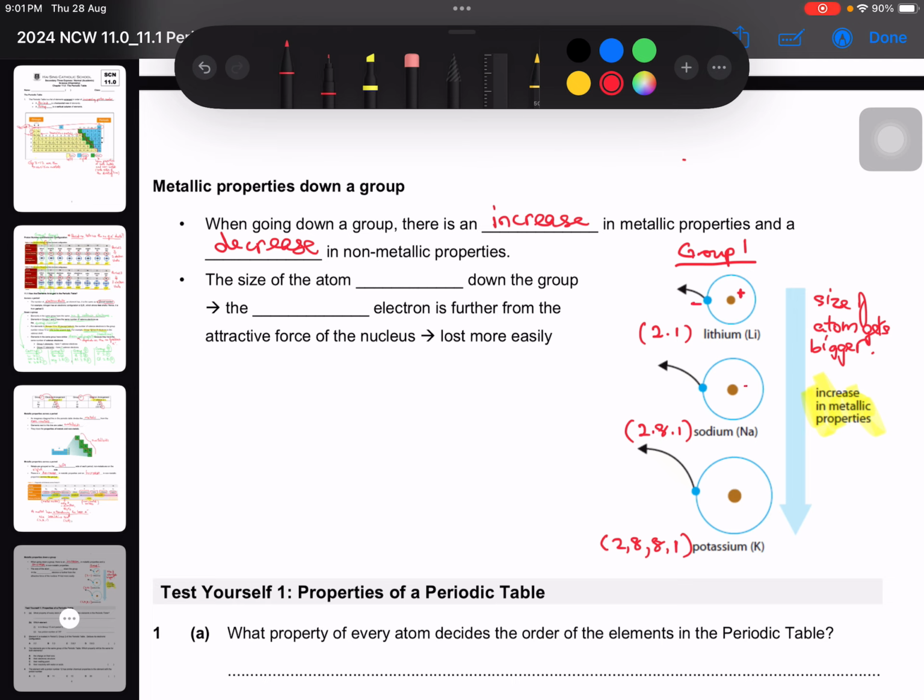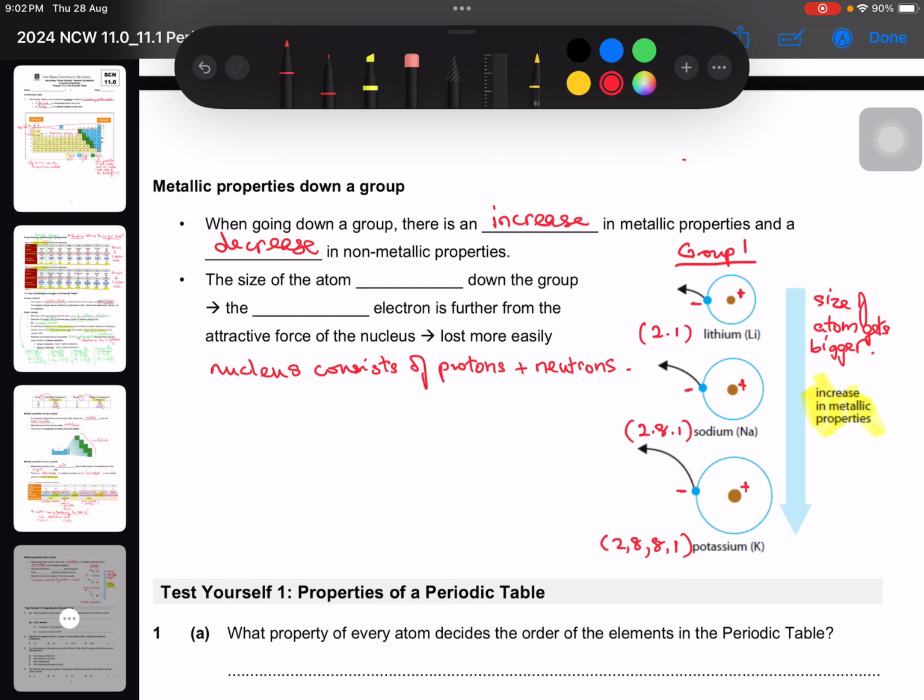So the nucleus is positive, the valence electron is negative. Of course, the question is, why is the nucleus positive? Revision. So what does the nucleus consist of? Nucleus consists of protons and neutrons.